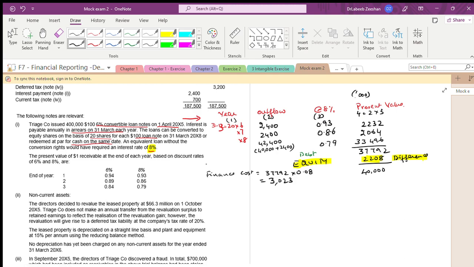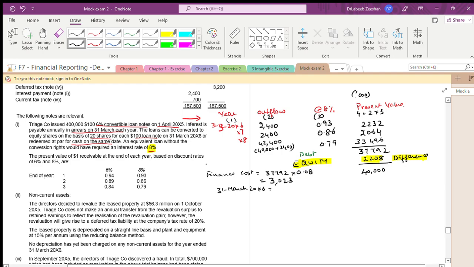3023. Now what we have to do is know the amount as on 31st March 2006.